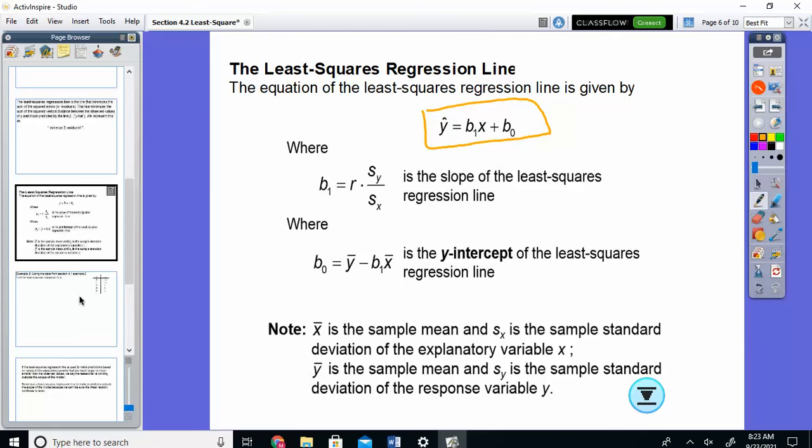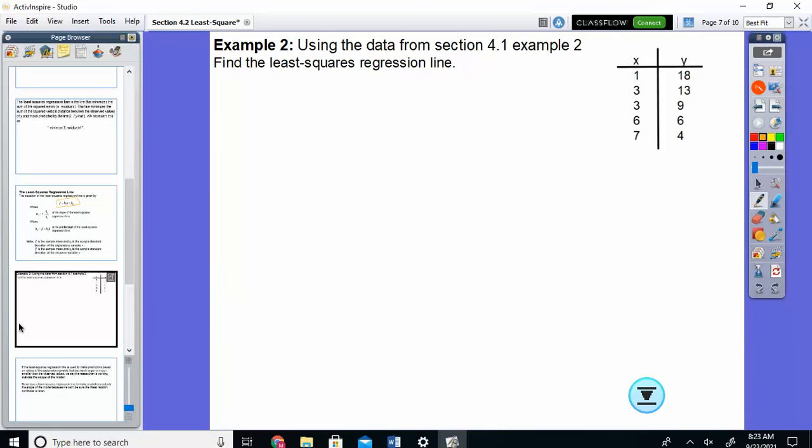So let's look at this example. This chart we saw in our notes yesterday. If you have that handout, you might pull it out. I want to find the least squares regression line. So let's pull some of our information from yesterday when we did this example. We found the correlation coefficient yesterday. We had the mean and standard deviation for both x and y.